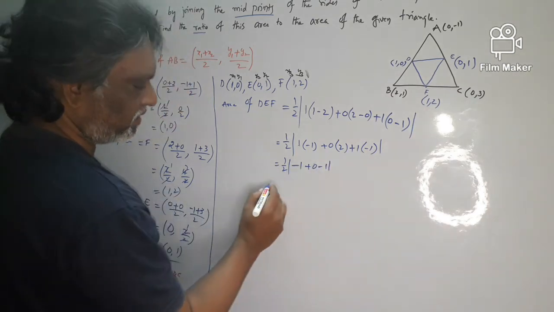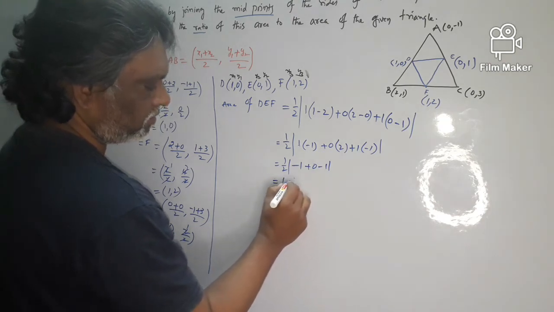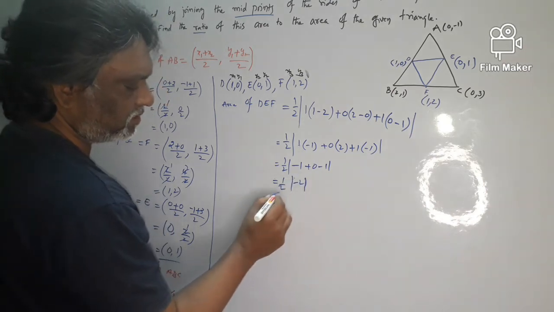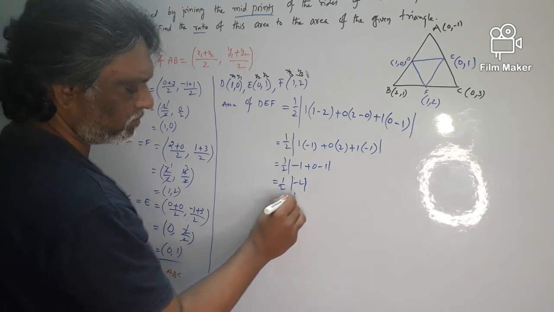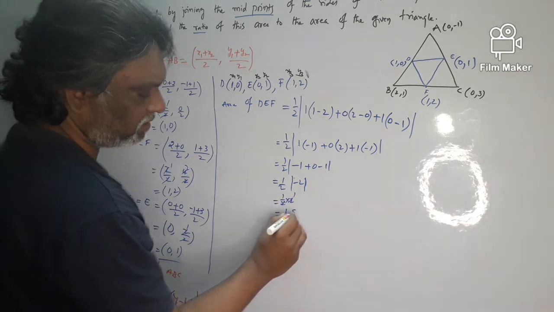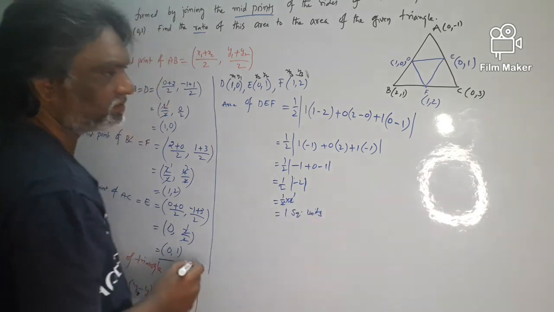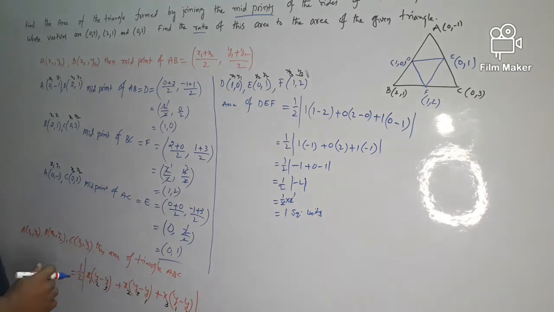These two are minus 2. So add minus 2 minus 2. So 1 by 2 into 2 one time. So 1 square units. This is the area of DEF.